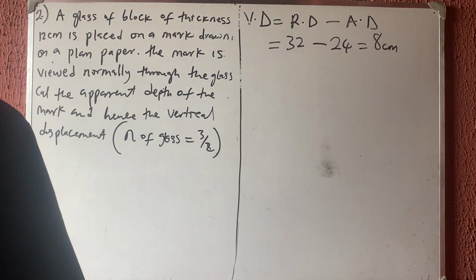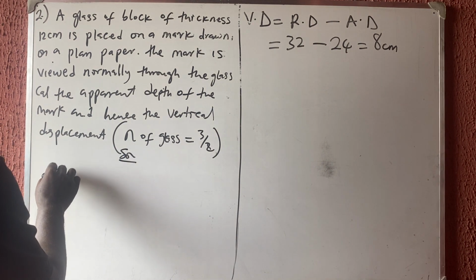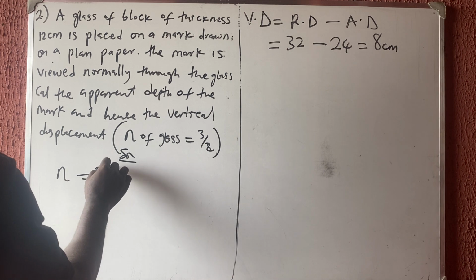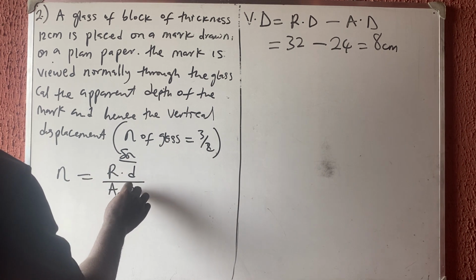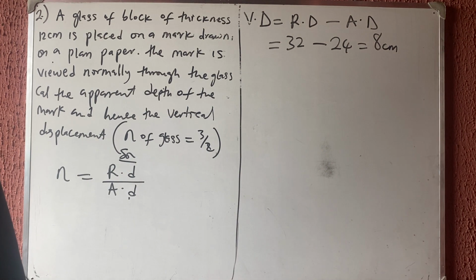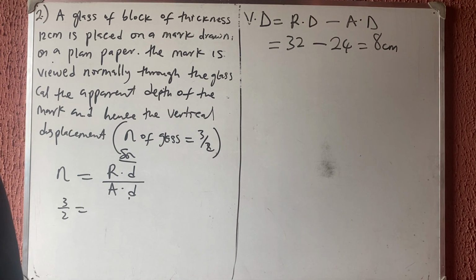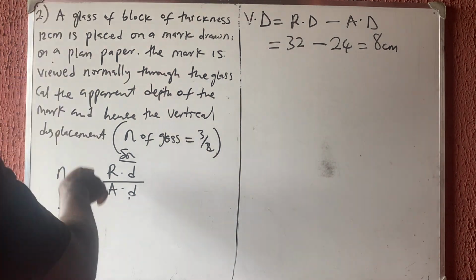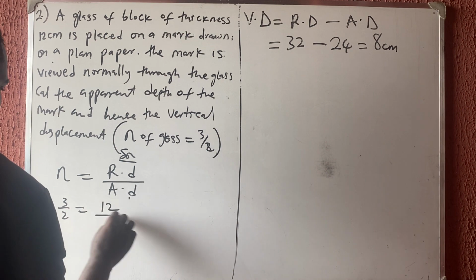Okay, very simple solution. We know that the refractive index is equal to the real depth over the apparent depth. So 3/2 is the glass. The thickness of that glass block is the real height, which is 12, all over the apparent depth.